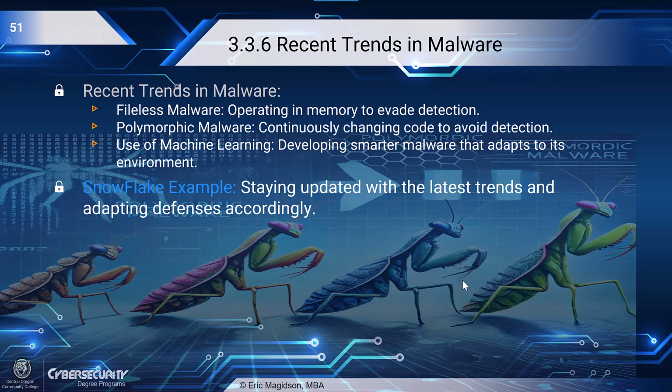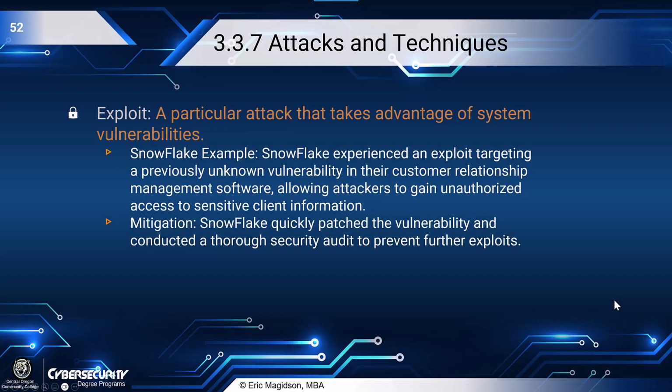Add to that machine learning, developing smarter malware that adapts to environments, utilizing AI to write code that's going to be used for malicious purposes. We might fool large language models into helping us write code that we know we're going to combine together to do something malicious, right? Snowflake's example: staying updated with the latest trends and adopting defenses accordingly.